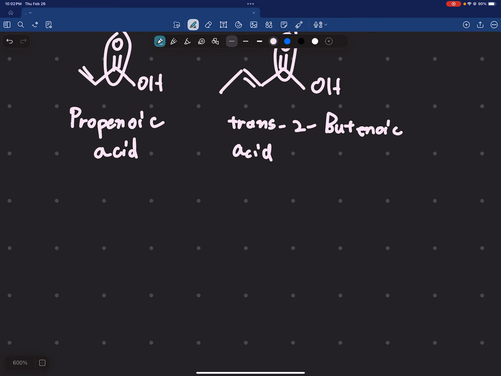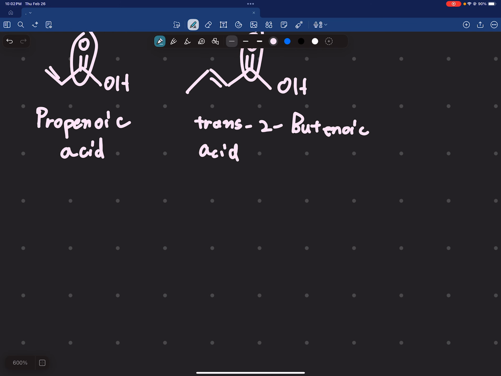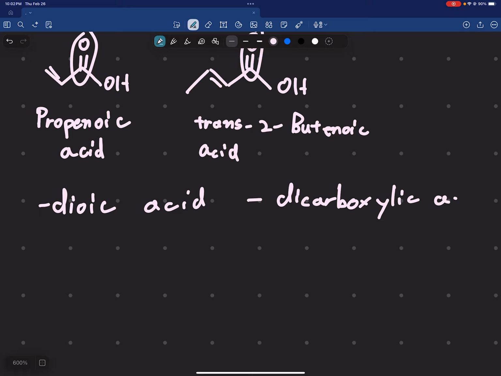Let's go over the dicarboxylic acids. Dicarboxylic acids will be named by adding the suffix dioic instead, such as oxalic acid. That would be added to the carbon chain that contains both carboxyl groups.